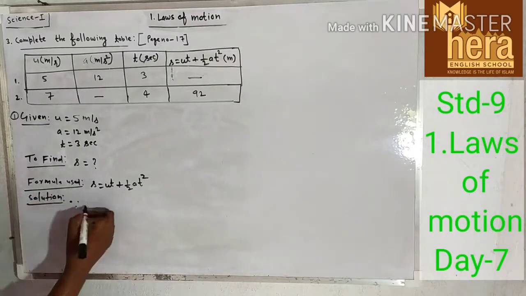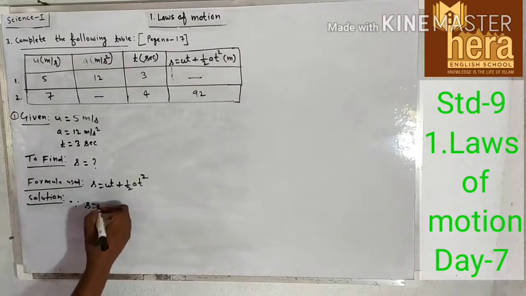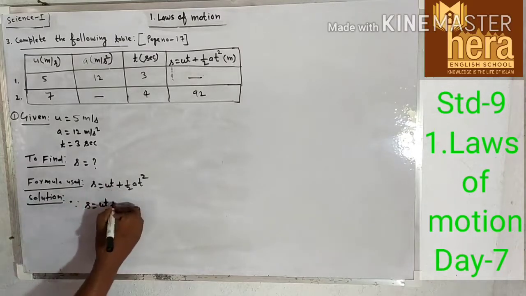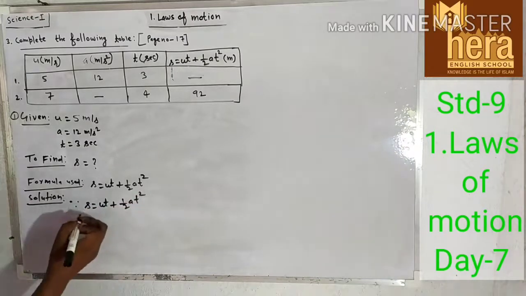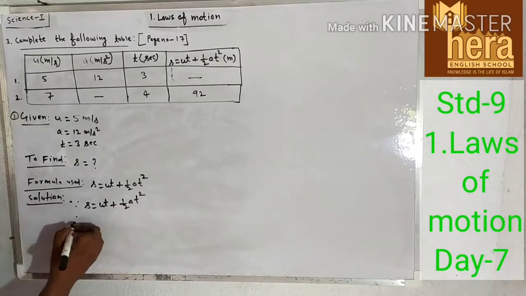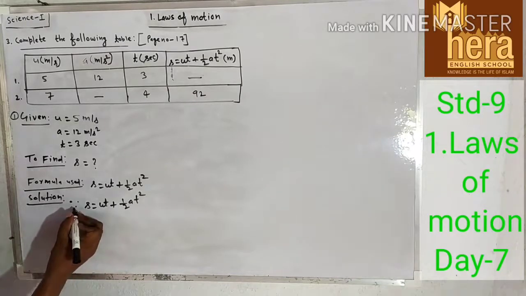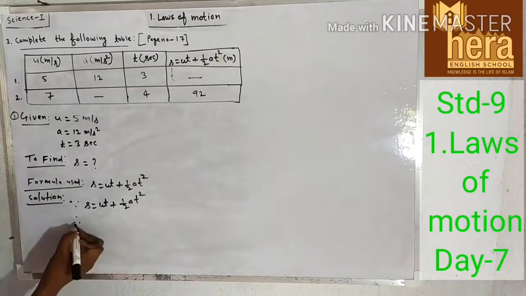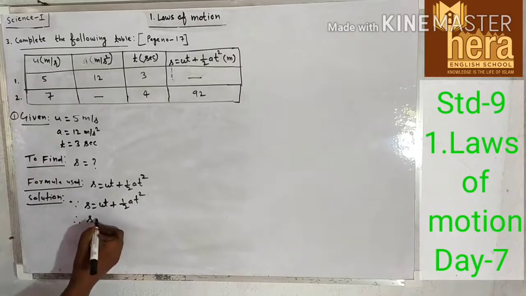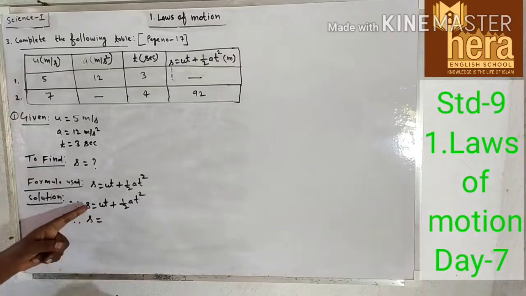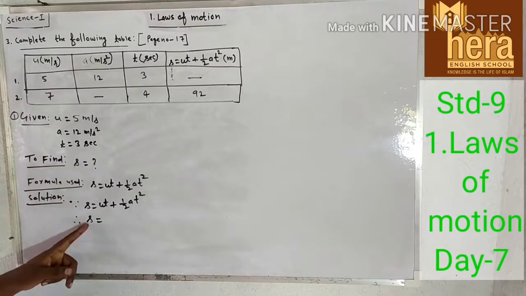since S is equal to ut plus half at square. So therefore, this is since. Since means we know that. This is therefore. Therefore S is equal to ut, U is how much?